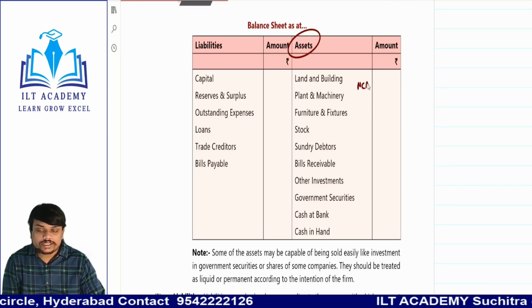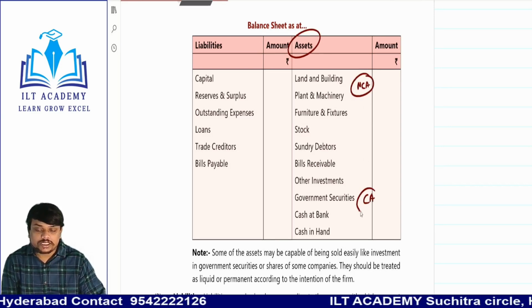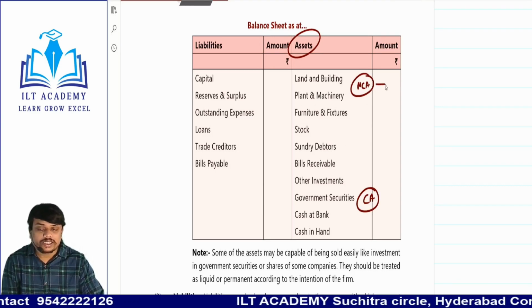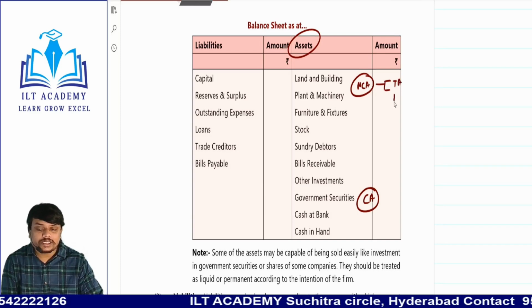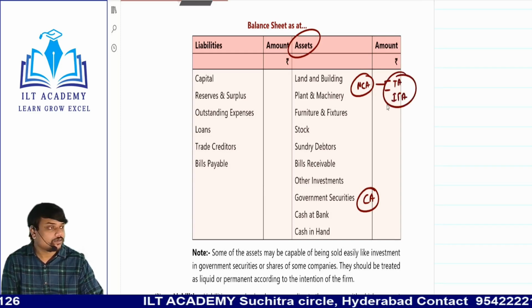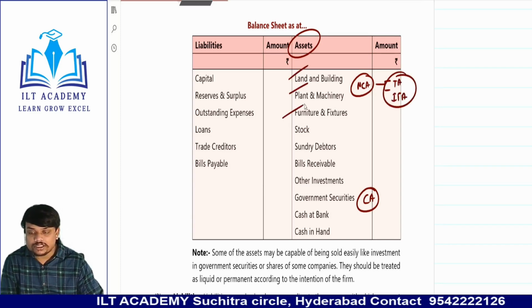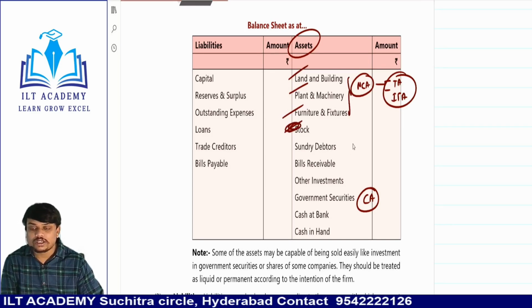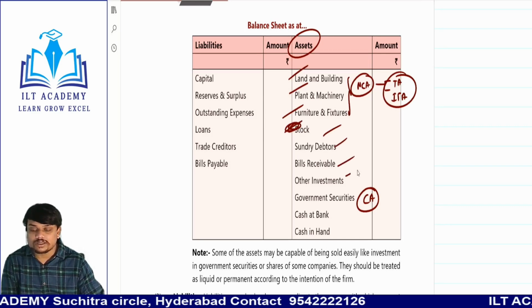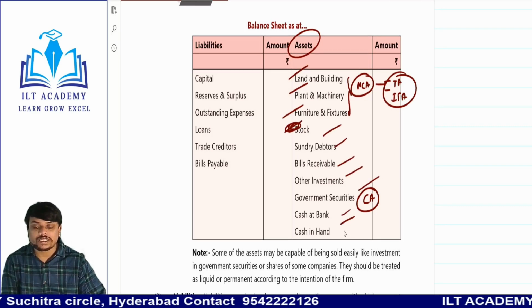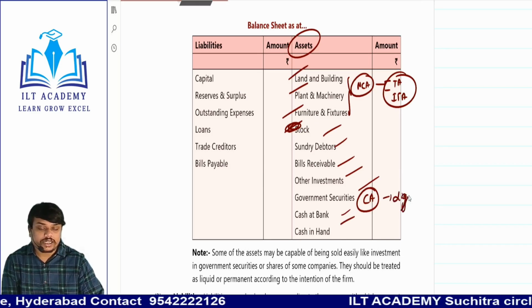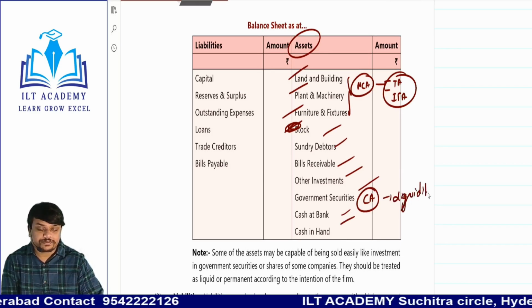One is non-current assets and another is current assets. Non-current assets include tangible assets and intangible assets. Clear? So land and building, plant and machinery, furniture, these all are non-current assets. Now coming to current assets: stock, debtors, bills receivable, other investments, government securities, cash in hand, cash in bank. These all are current assets, because these have high liquidity.